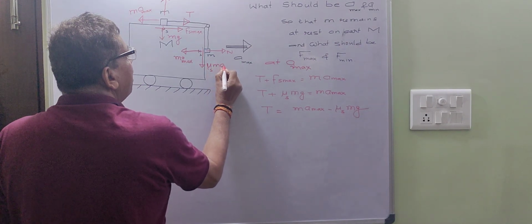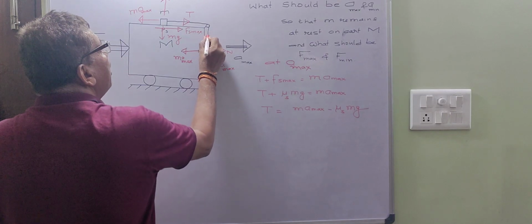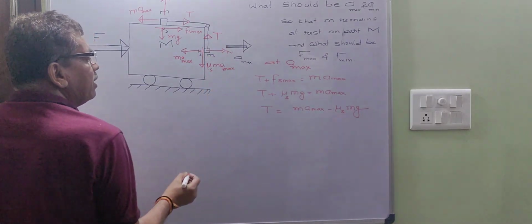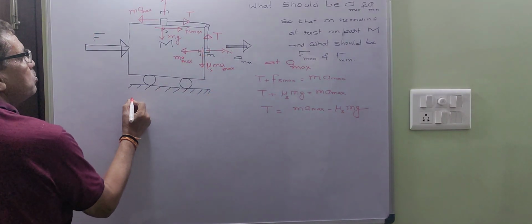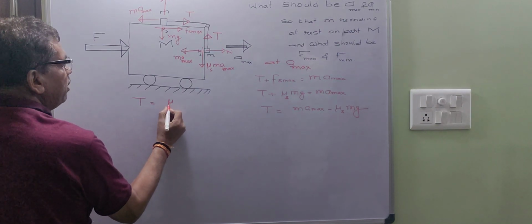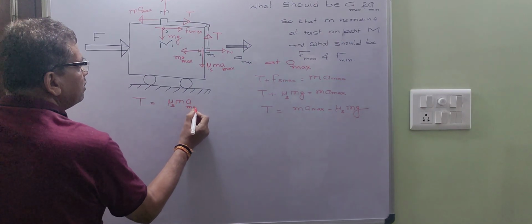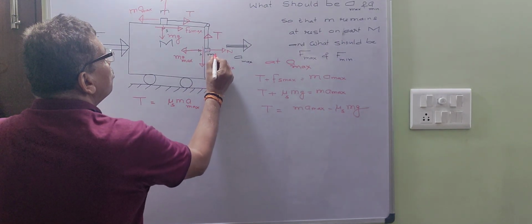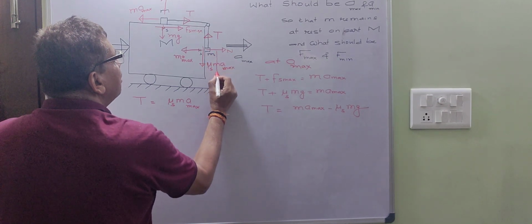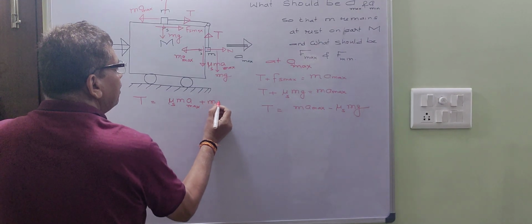So I can write mu s M A max, and tension T will act here. Weight is also acting in downward direction, so another force mg. So T equals mu s M A max plus mg.